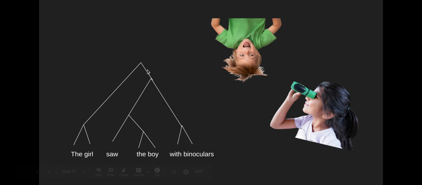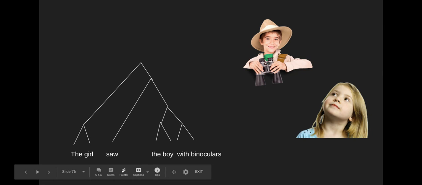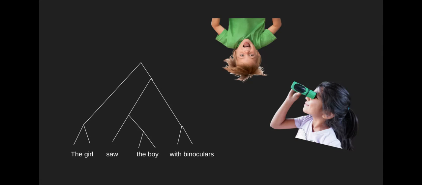And then we chunked that whole bit with binoculars. And so now this structure that we've created using this really simple rule of recursion is very different from the one we created back over here. Notice the big difference in that tree structure, even though we've been using the same basic principle of chunking things together.